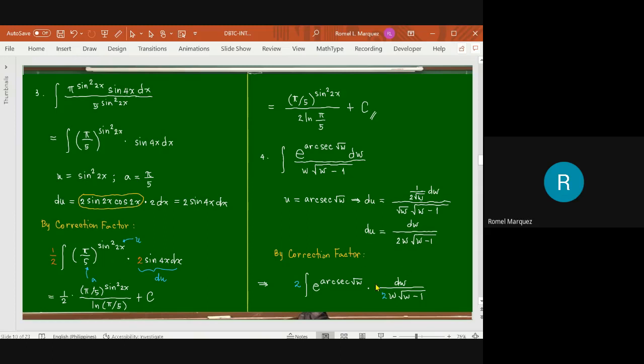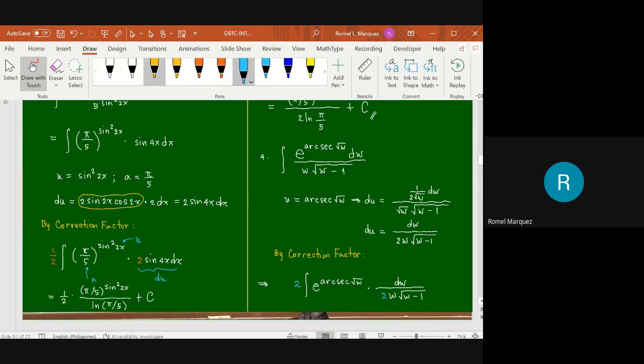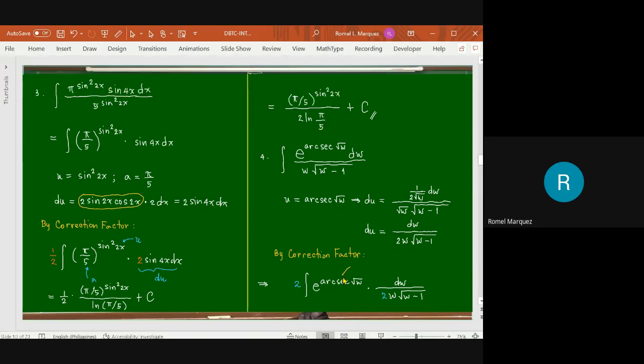Stay there, cat. So this is now read as 2 integral of e to the u du. Again, what is this, children? What is this? U. What about this, guys?